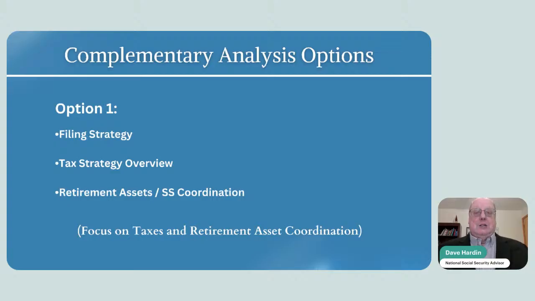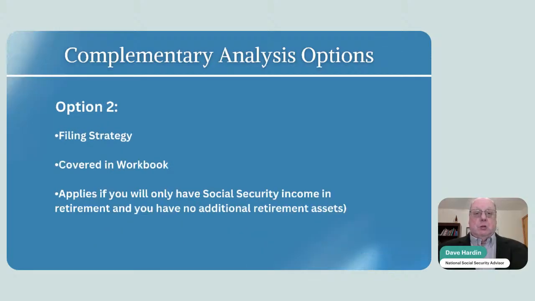If that's it, it's not a question of taxes. If you only have Social Security, you will not be paying taxes in retirement. But you will need a timing strategy. That's why I wrote the workbook. The workbook will walk you through, soup to nuts, the timing strategy of when to take your best shot at Social Security. That's option two.